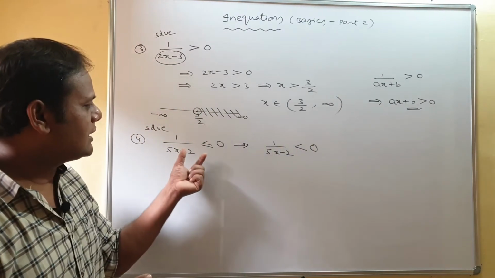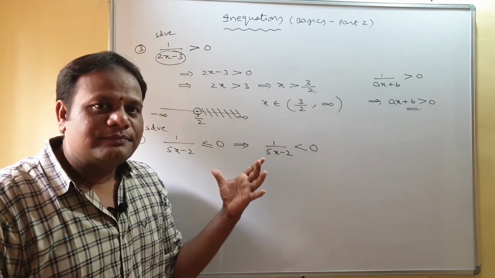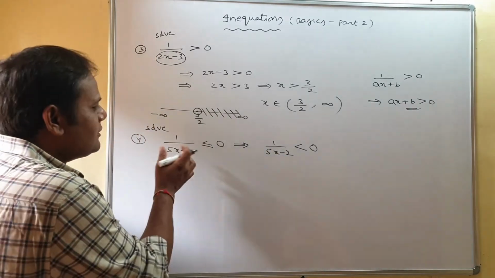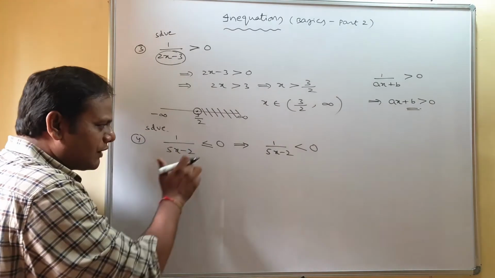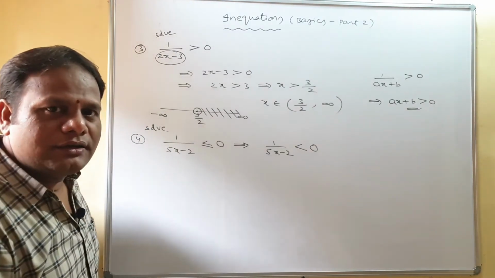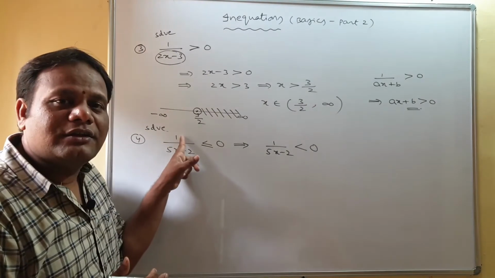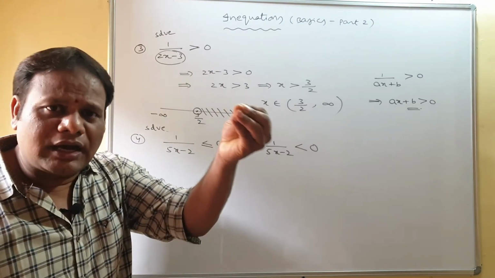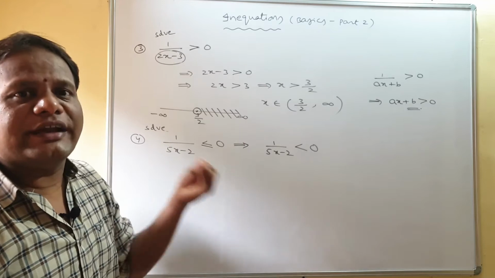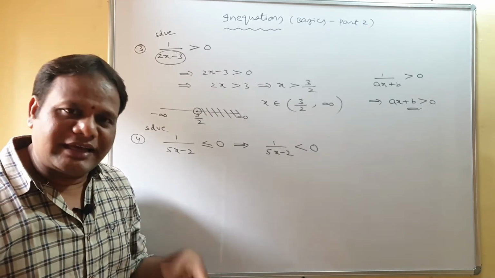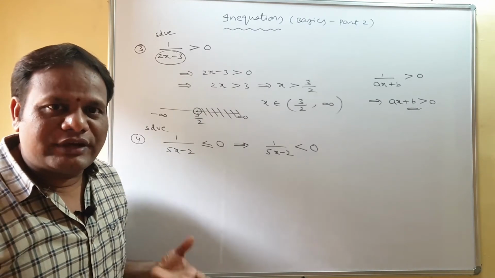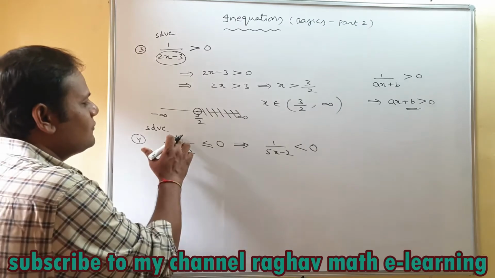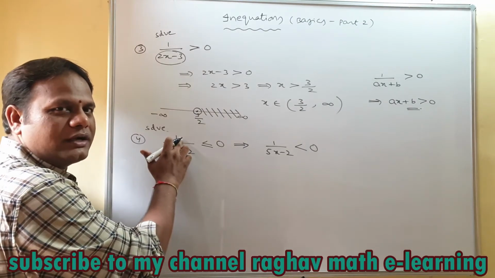I think you understand why I wrote like this. Why? Because here can you get 0 from this? You can't. Why? Because the numerator is 1. When the numerator is 0, or if it is possible to get 0 in the numerator, then there are chances to get 0. But here 1 is constant, so you can't get 0.